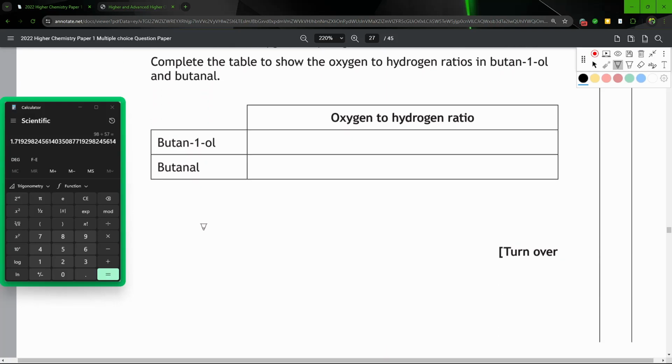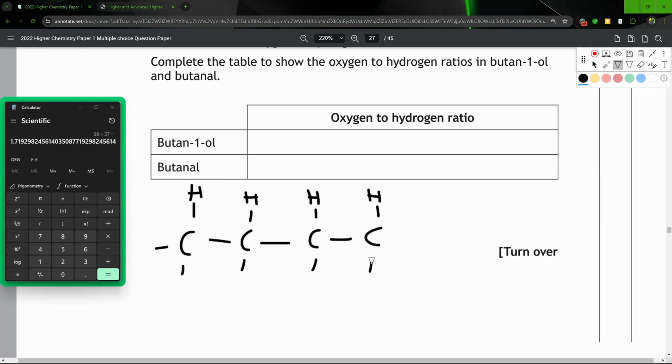Butan-1-ol, we've got C, C, C, C, and I'm going to draw the full structural formula, but we can also use the general formula for an alcohol, CnH2n+1OH, which means it's technically going to be 10 hydrogen atoms. We'll just double check using this formula I've just drawn up here. 1, 2, 3, 4, 5, 6, 7, 8, 9, 10. And there's only one oxygen, so the oxygen to hydrogen ratio is 1 to 10.